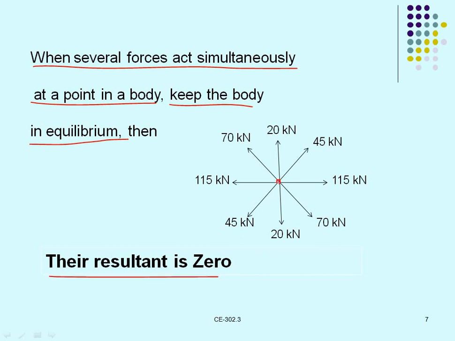All the forces are acting in different directions. You can see 20 newtons, 45, 70 kilonewtons, 115, 45 kilonewtons, 20, 70, 115. All the forces are extending towards the outer direction, so in between it will be 0.